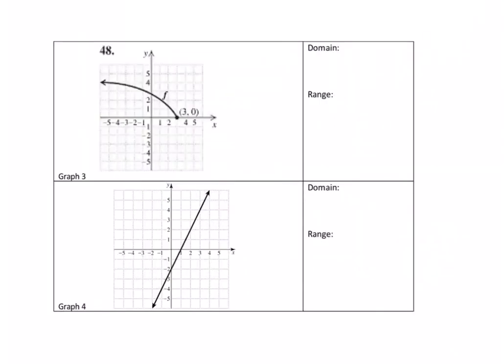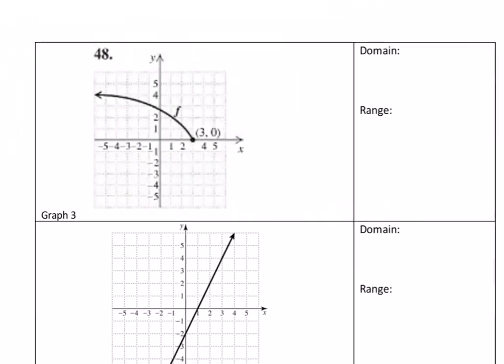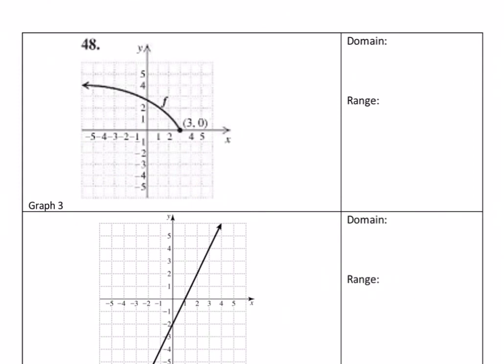Okay, if we look at example graph 3, we want to start with our domain. Our domain, note that we have everything to the left of 3. How far to the left does this go? This goes forever to the left. What is my rightmost value?